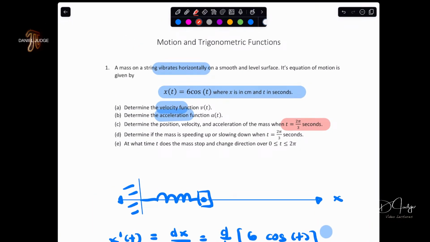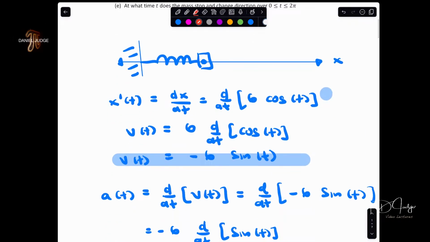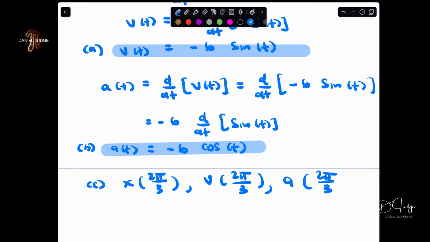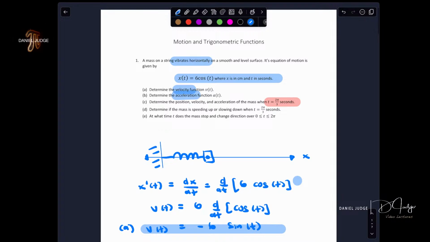So in this question C, if I label everything, here's my A, here's my B. Question C is essentially asking for the position when my time is 2 pi over 3, velocity when the time is 2 pi over 3, and acceleration when your time is 2 pi over 3. So question C, they're just asking for those things.